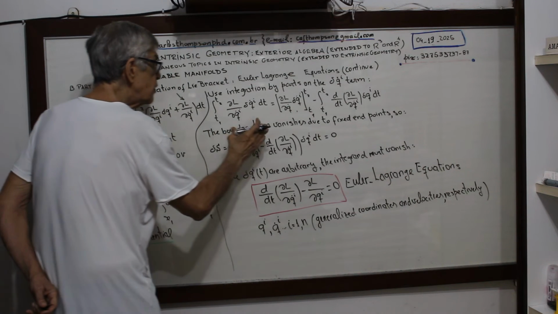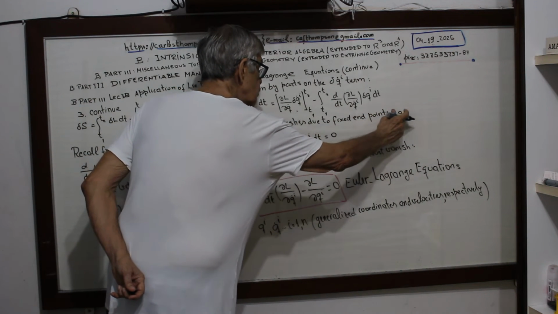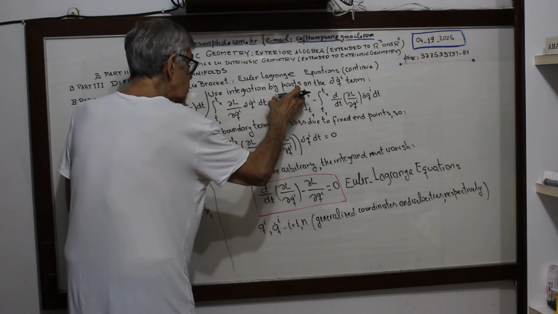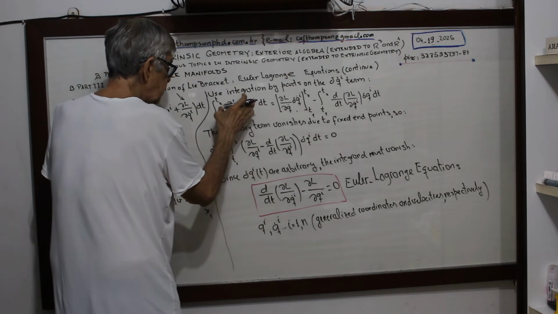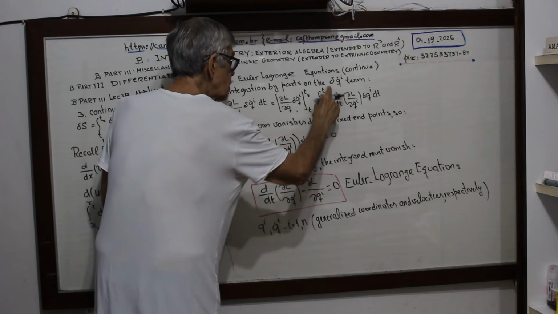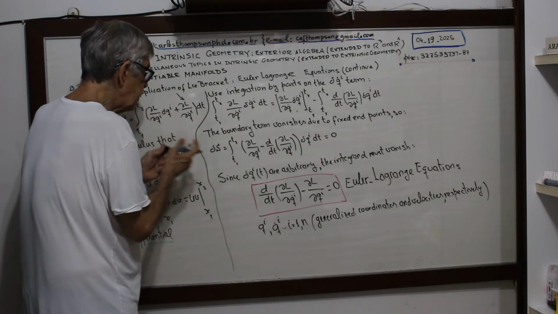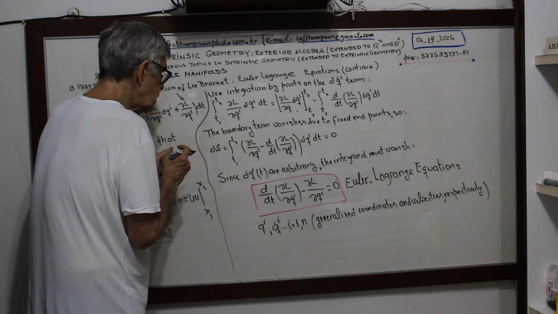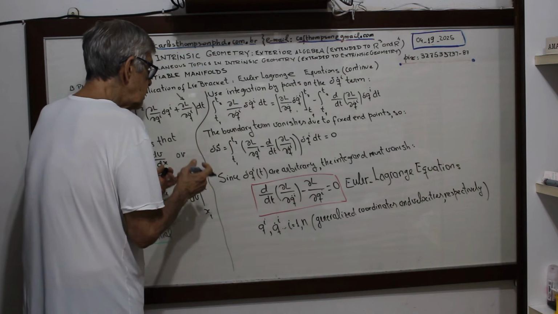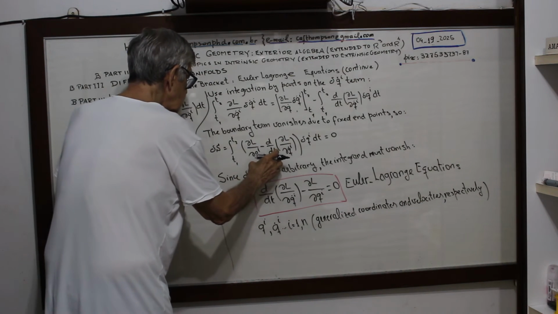Now, the boundary term vanishes due to the fixed endpoints, so I set this equal to 0. So this integral here is minus the integral from t1 to t2 of this integrand. That is clear now. Then this leads to this integral over here.